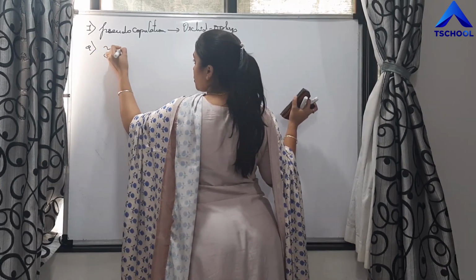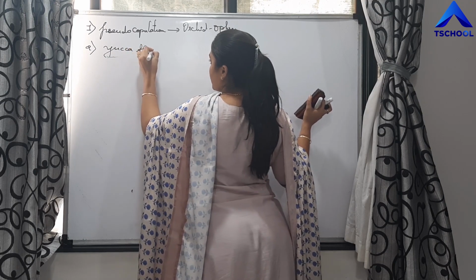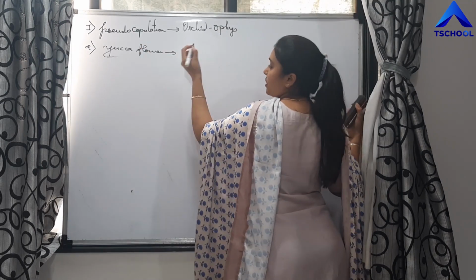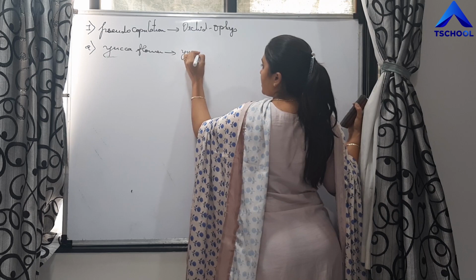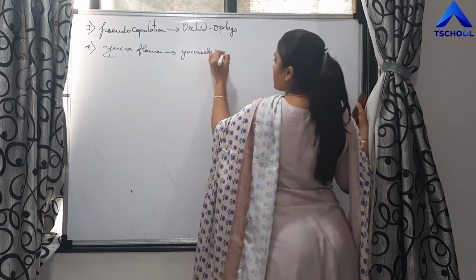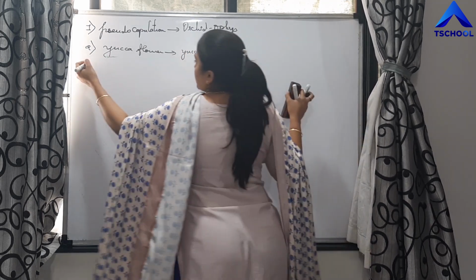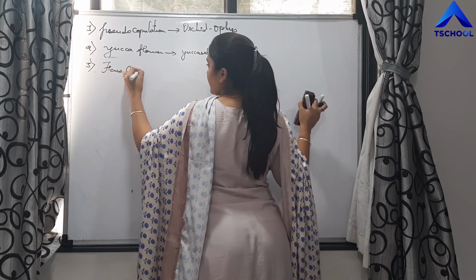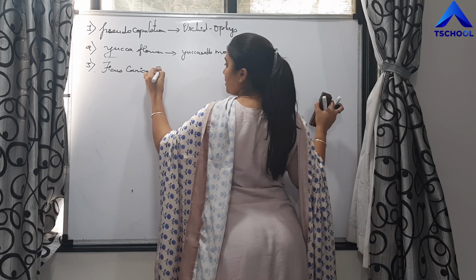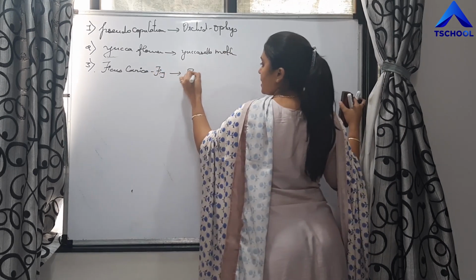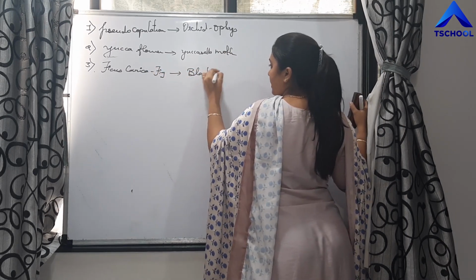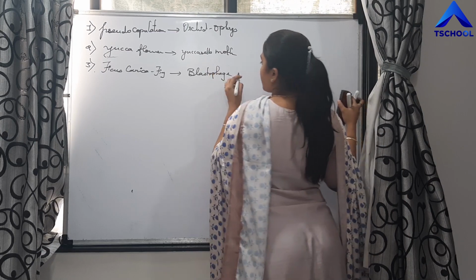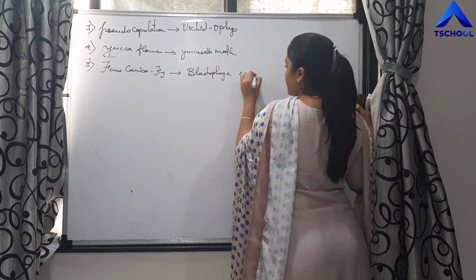We are going to study the yucca flower, and the pollination is done by yucca cella moth. Then the third one is ficus carica, that is fig, and the pollination is done by blastophaga. Right? It is a wasp.